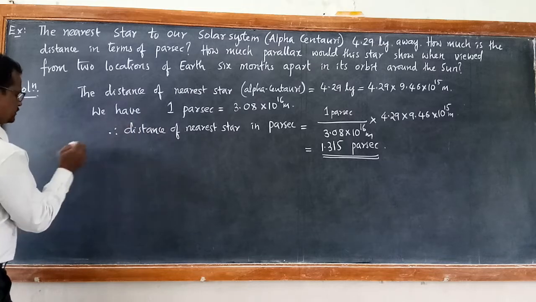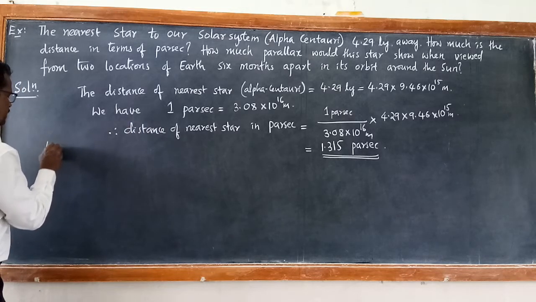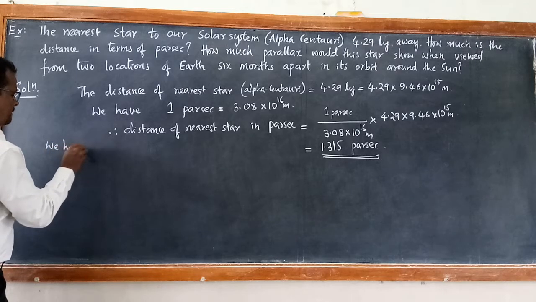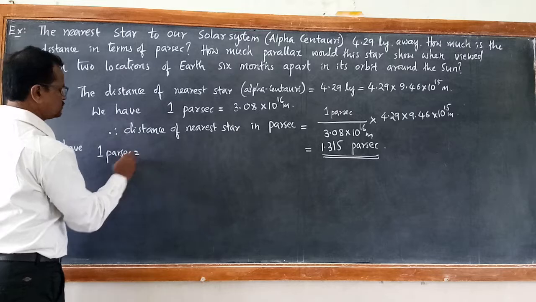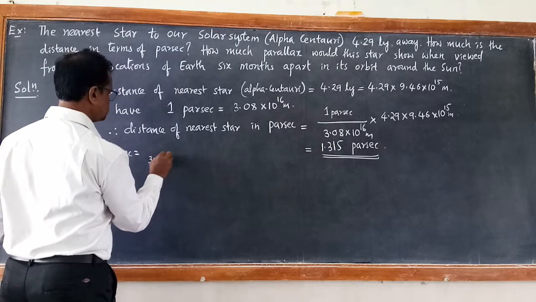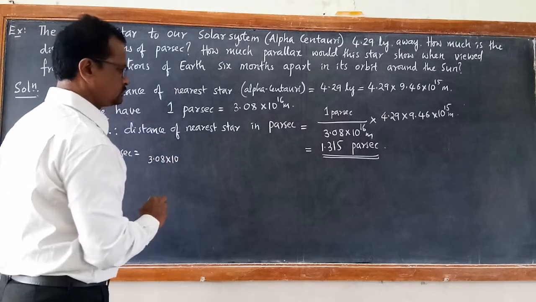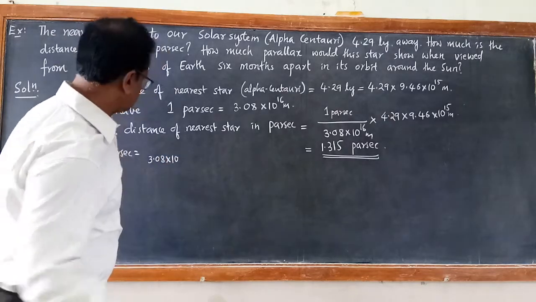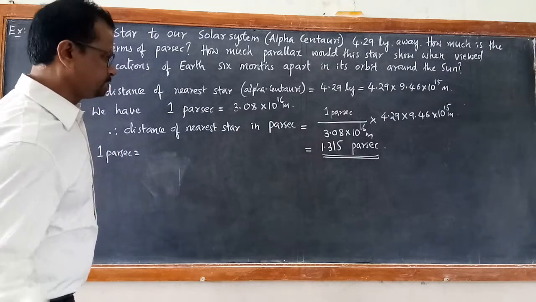This can also be calculated using one more simple conversion, that is we have 1 parsec equal to conversion into light year.